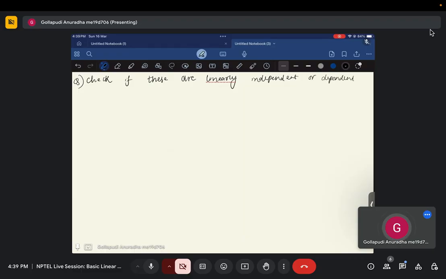I am giving 3x plus 3x square, x plus 2x square, 2 plus 2x plus 2x square, and 8 minus 2x plus 5x square. Whether this will be linearly independent or not.